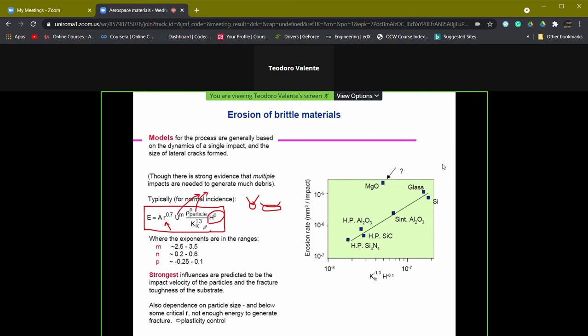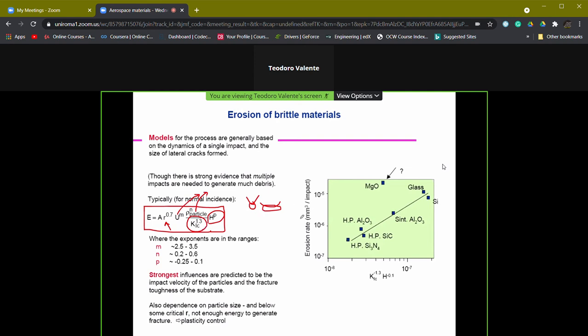And we also have another important parameter, which is not present in adhesive or abrasive wear, which is the fracture surface of the substrate, that is the fracture surface of the material which can be consumed.